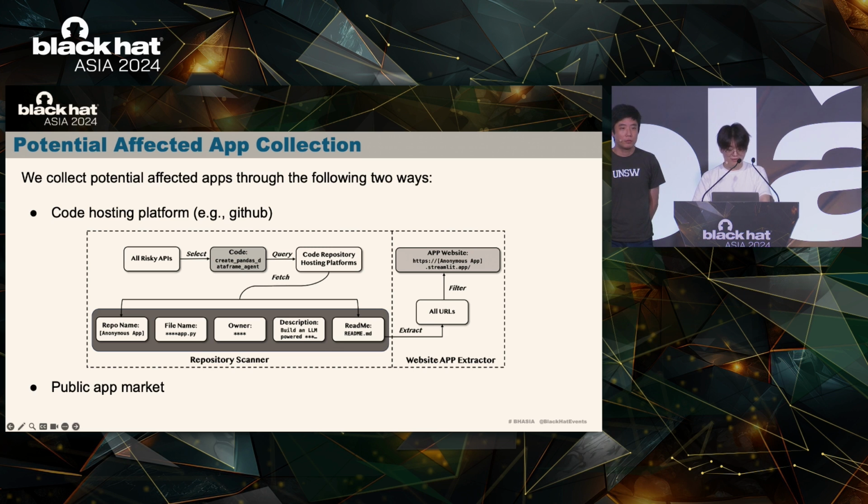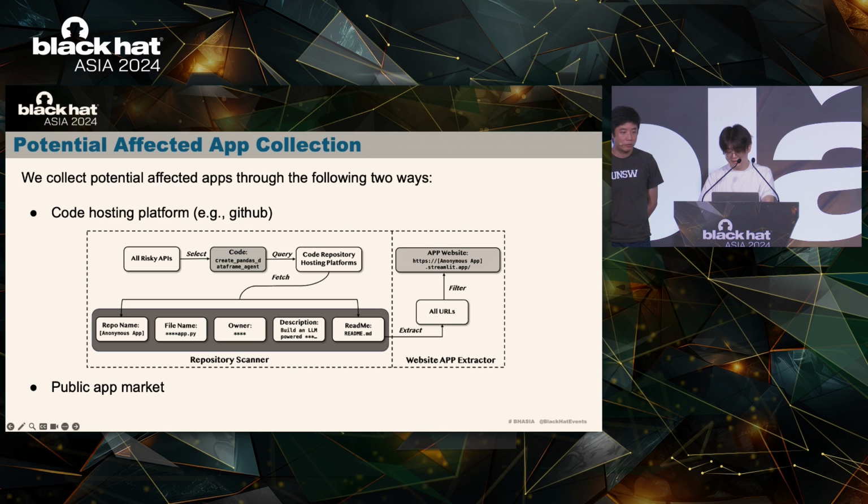As illustrated in the figure, we can select a risky API from all the risky APIs we identified earlier. In this example, we choose create_pandas_dataframe_agent, which can be very dangerous because it can trigger RCE. We search the code hosting platforms, and we find many apps that use this vulnerable API.